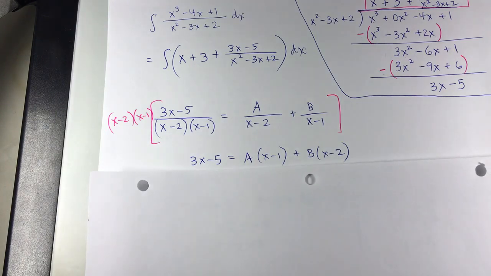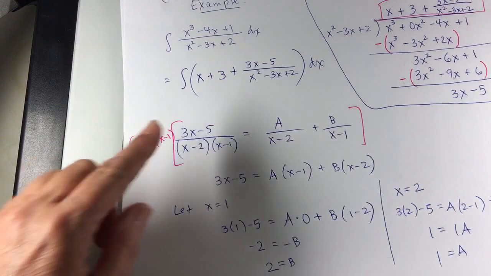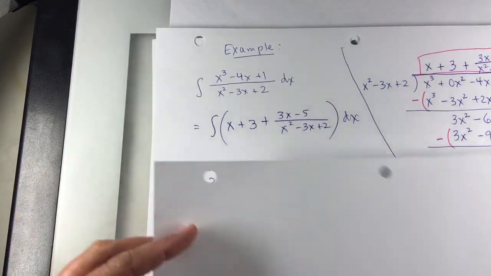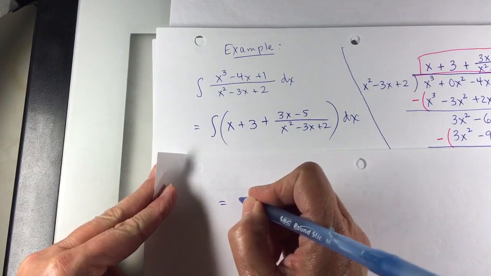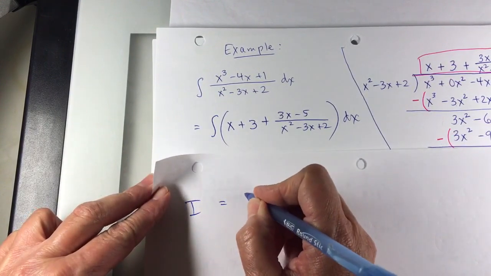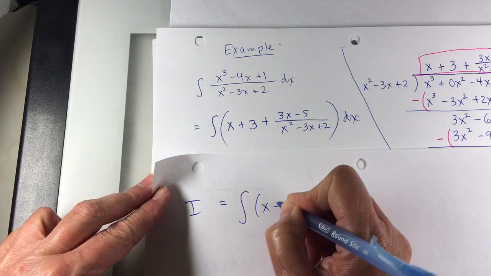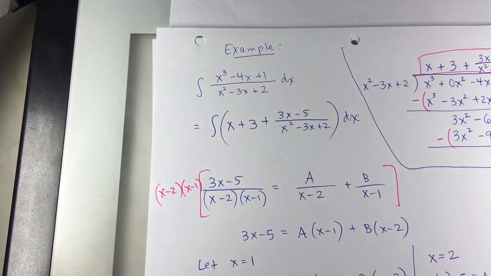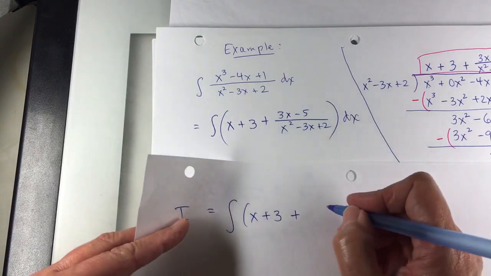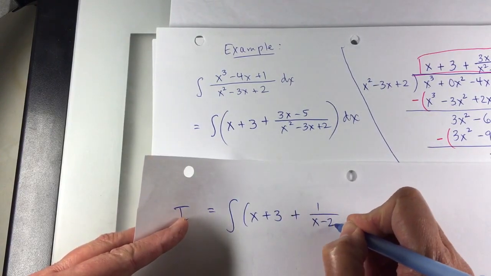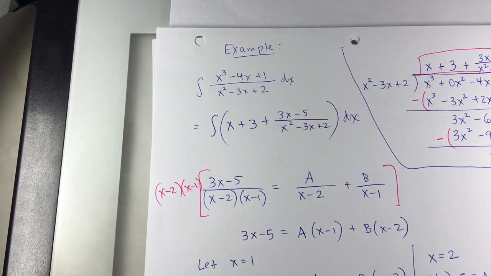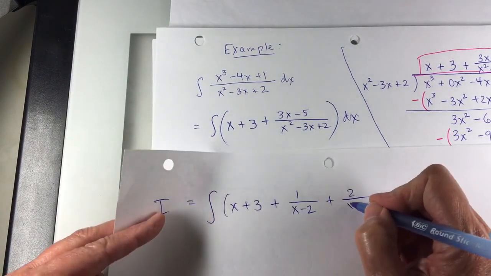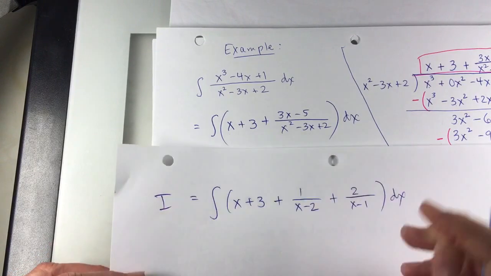All right, so for this, let me go back to this part. I found what a and b are, and so my integral problem, sometimes the book says I equals, okay, it's x plus 3 plus a was 1 over x minus 2, b was 2 plus 2 over x minus 1 dx.